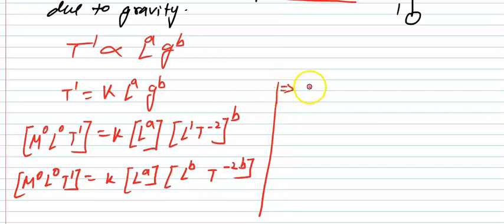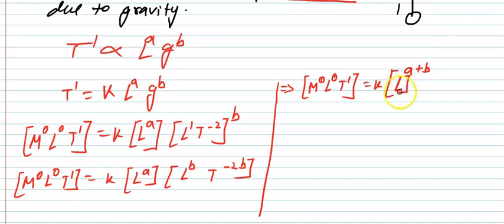This implies that m to the power 0, l to the power 0, t to the power 1 is equal to k. Now, if the bases are the same and in multiplication form, their powers can be added. So we can add their powers over here, l to the power a plus b, into t to the power minus 2b, right?